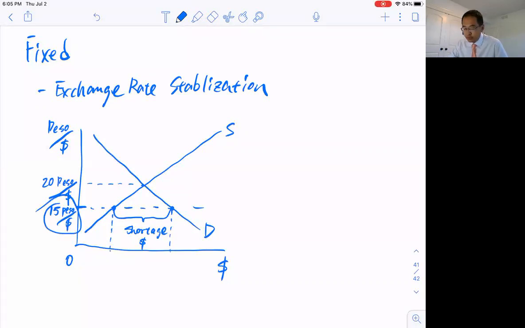So they might have to either adjust what's called their par value, or have some other supply and demand shifts to help them stabilize their currency. So it's very difficult to fix a value that is not close to the market equilibrium, right?